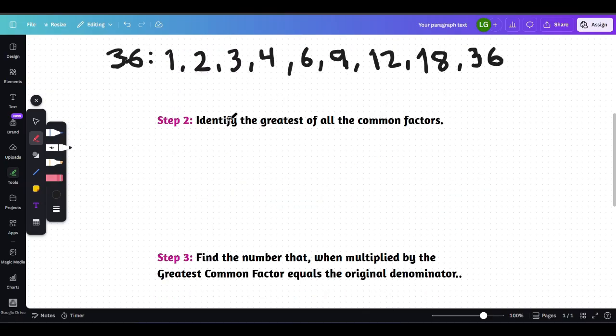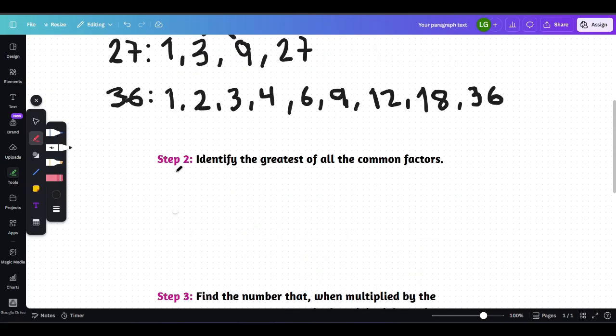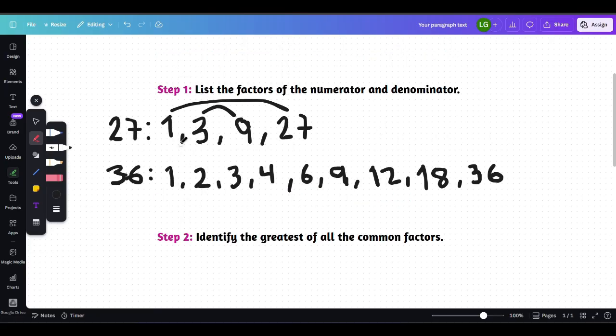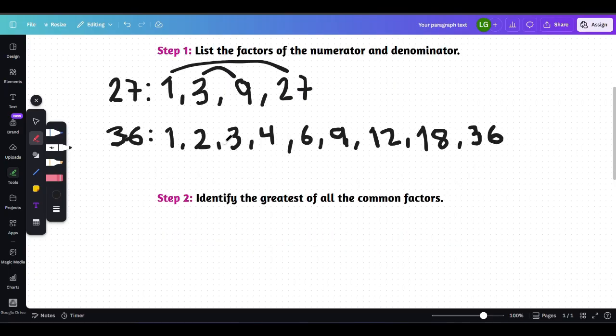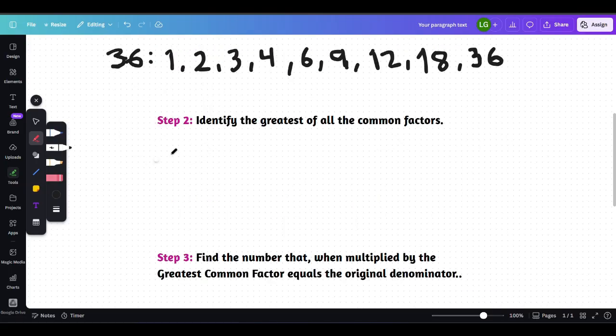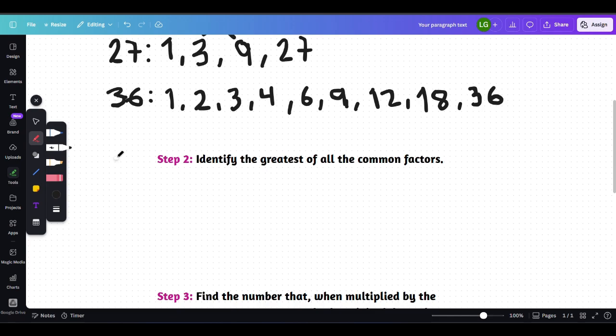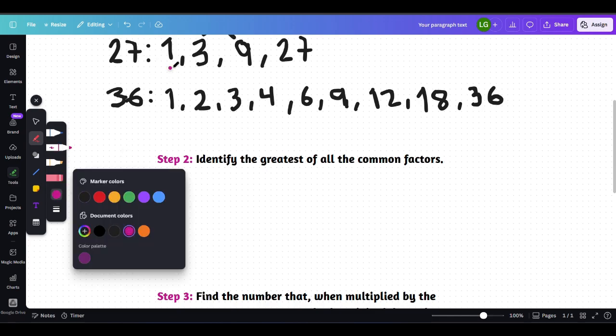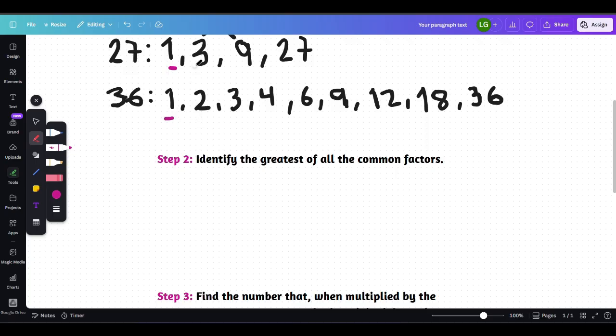Our second step is we have to identify the common factors between 27 and 36, right? And after that, we are going to take the greatest of all of them. So we list the common factors here. 1 is a common factor. 3 is also a common factor. 9 is as well.